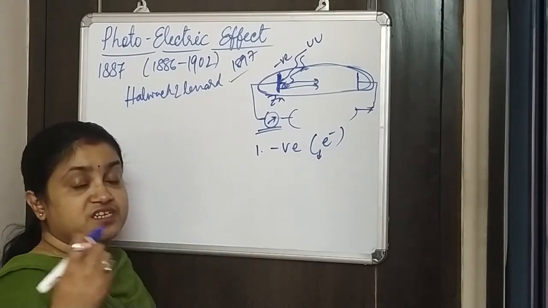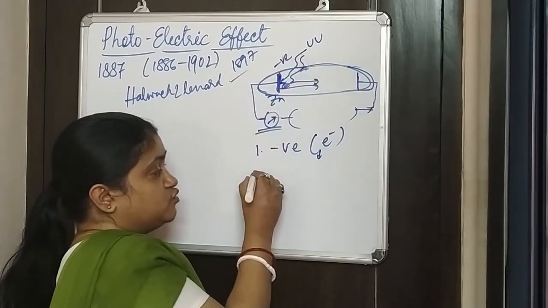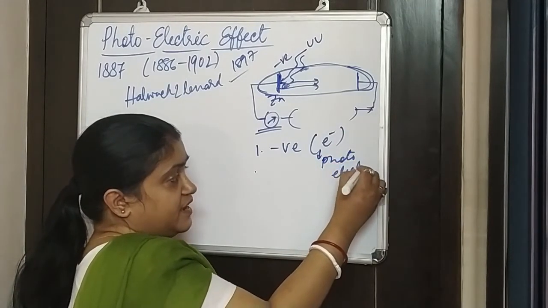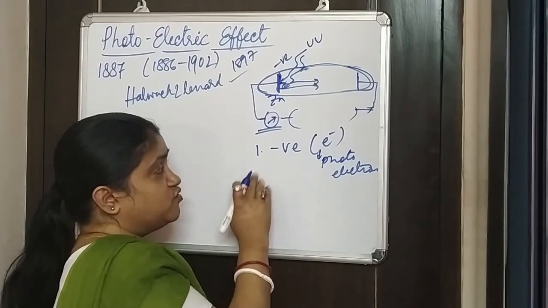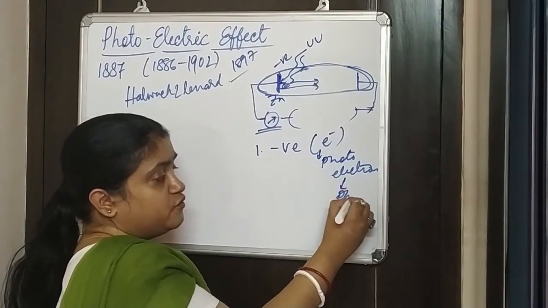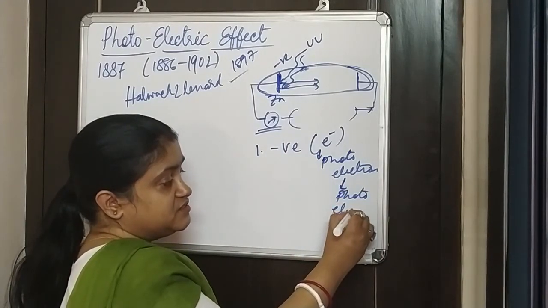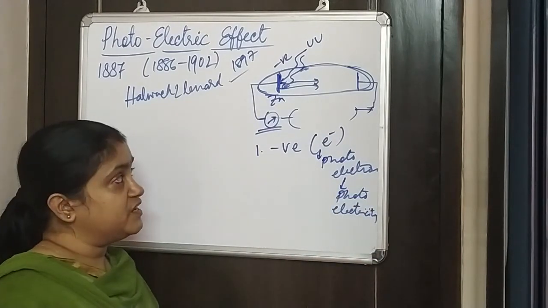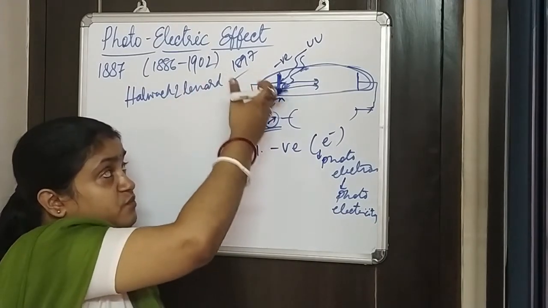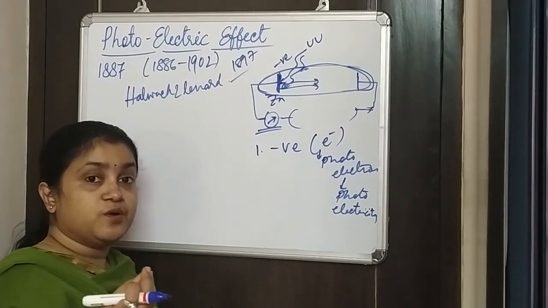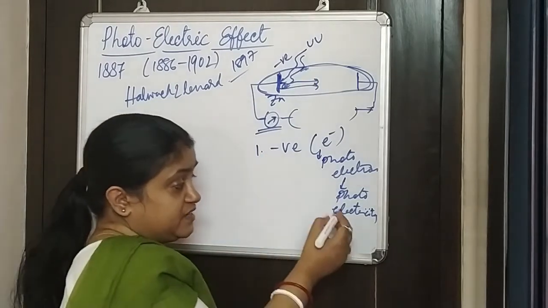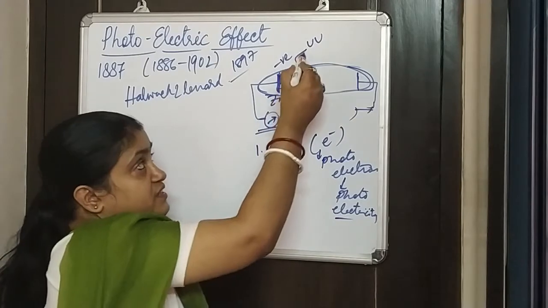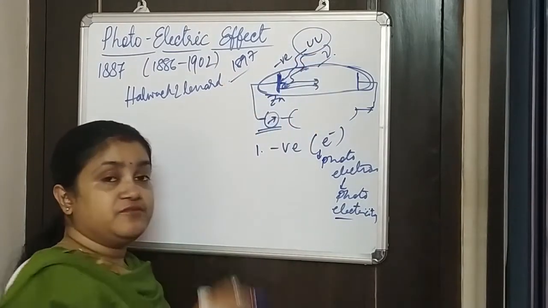Since these electrons are ejected due to light, they are named photoelectrons, and these photoelectrons produce what is called photoelectricity. The current that we got is called photoelectricity. If you give more potential, the photoelectric current increases, and it also depends on the frequency of the light we use.